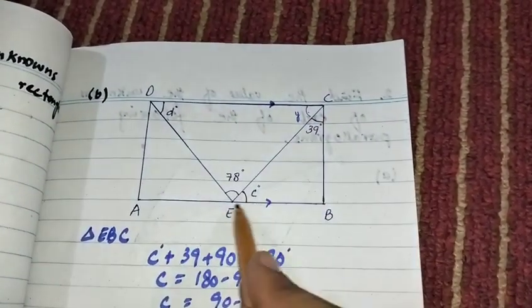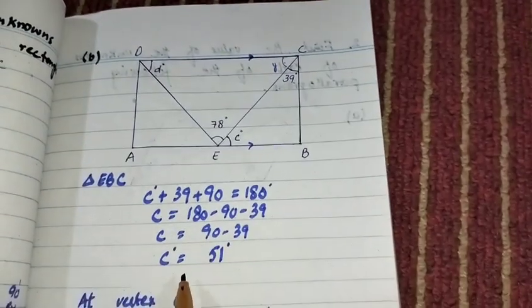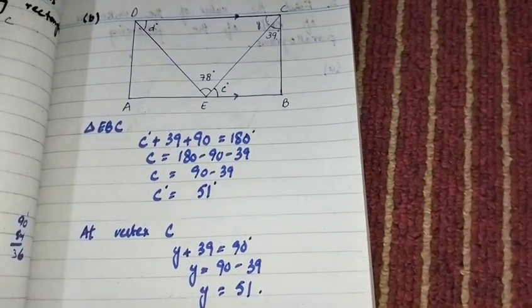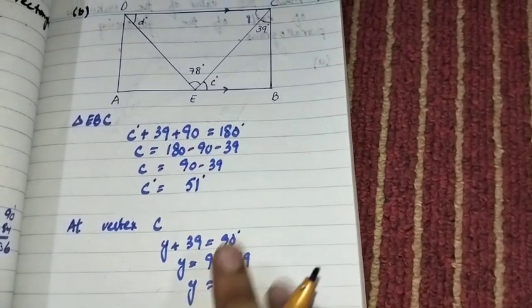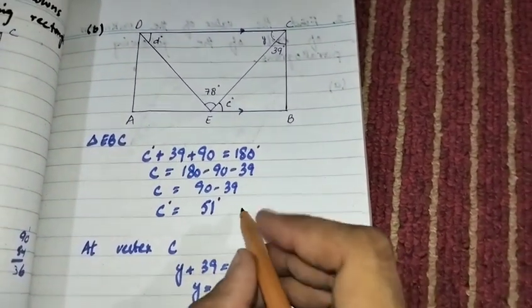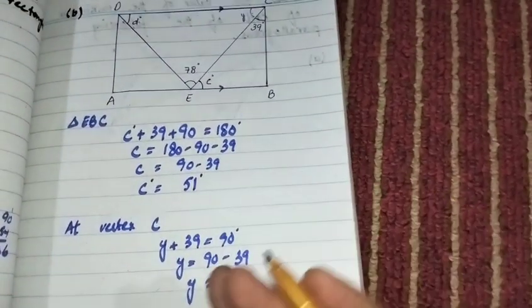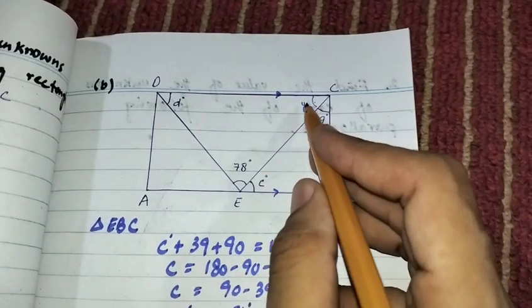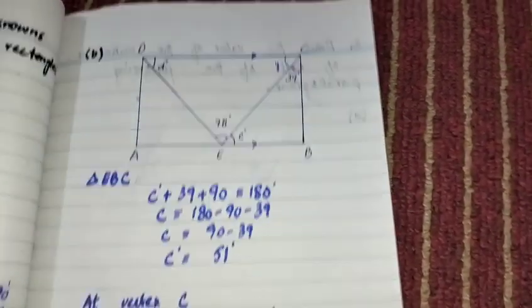So this angle must be equal to this angle: we have C as 51 degrees, and we calculated y, which is also 51 degrees. So we don't need to find y in this method. You can just write that C is equal to y, which is 51 degrees, or you can also find it in this method. These two angles are equal, so y and C are 51 degrees.